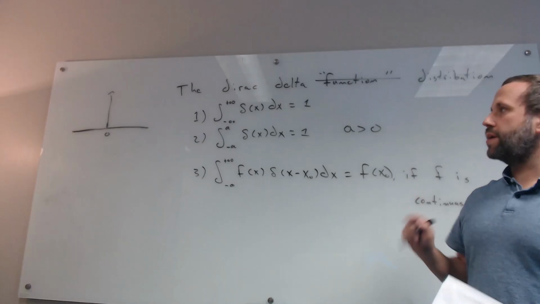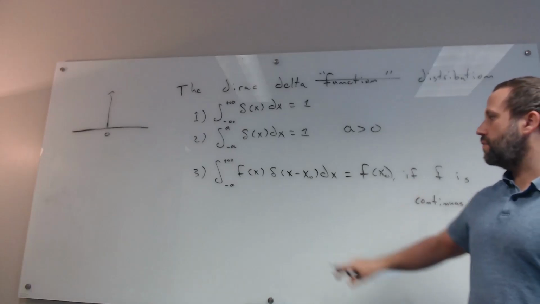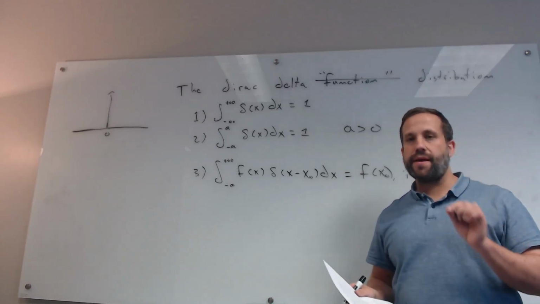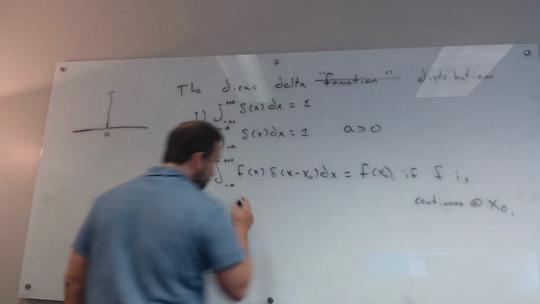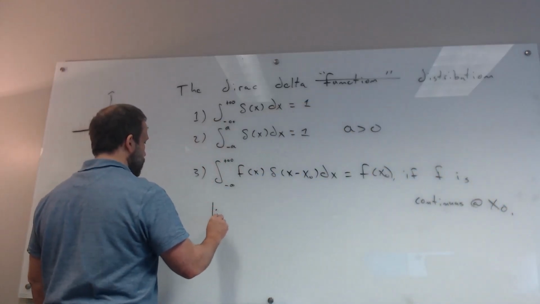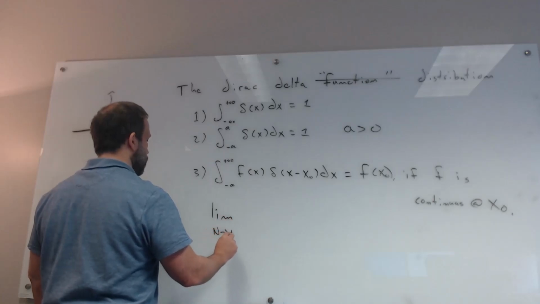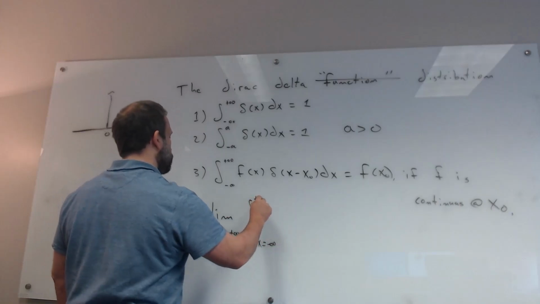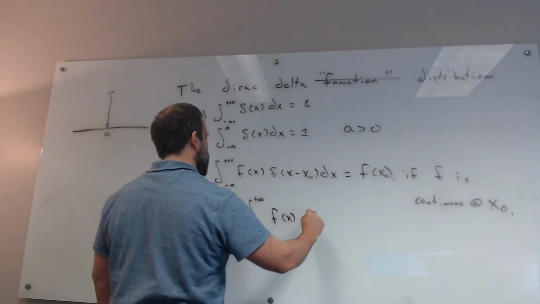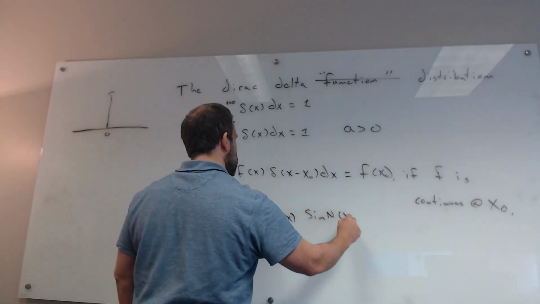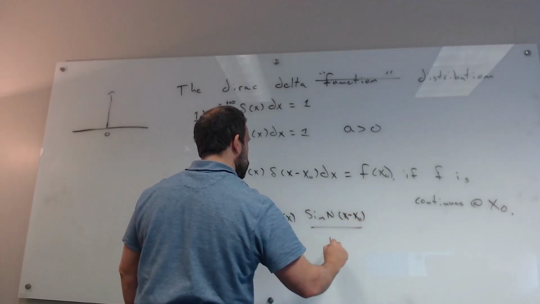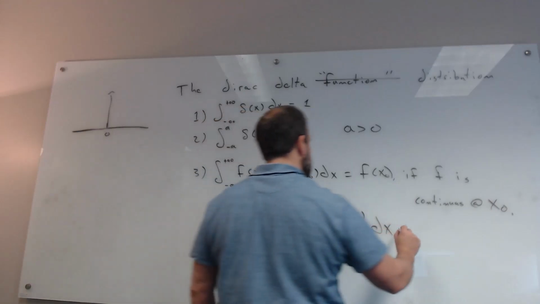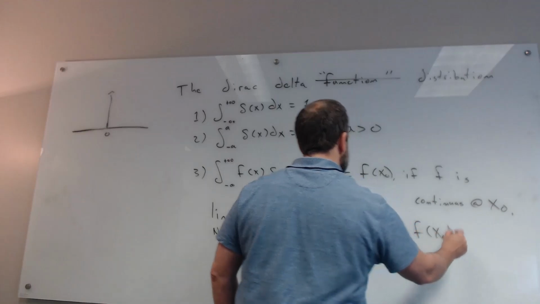Another reason that it makes sense is because very often you can view these Dirac delta functions as a limit of other functions, but a limit in a very special sense. So as we will use, if you look at the limit as n goes to infinity of the integral from x equals minus infinity to positive infinity of f of x times sine of n(x minus x naught) over pi(x minus x naught) dx, this is equal to f of x naught.